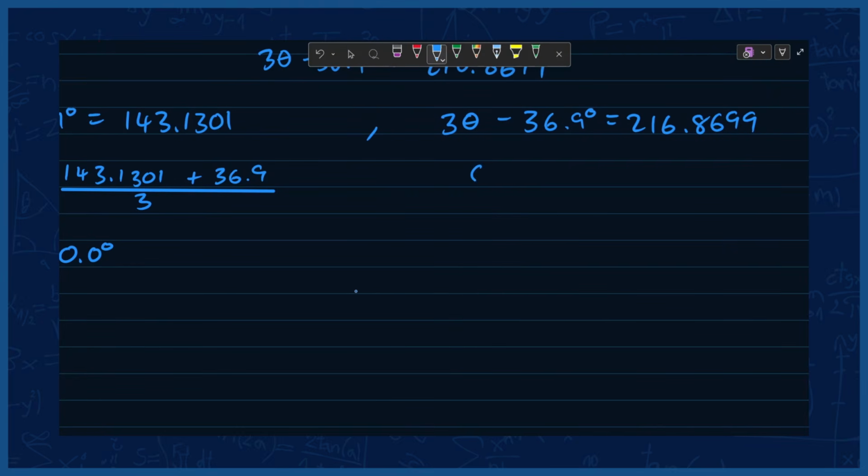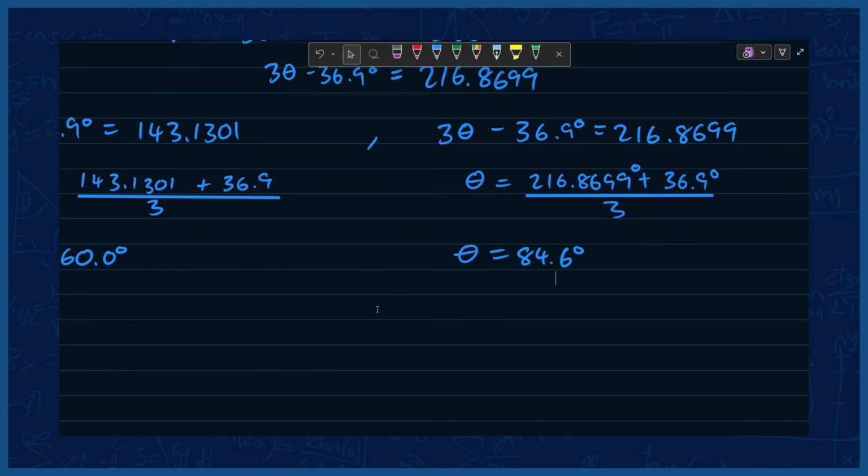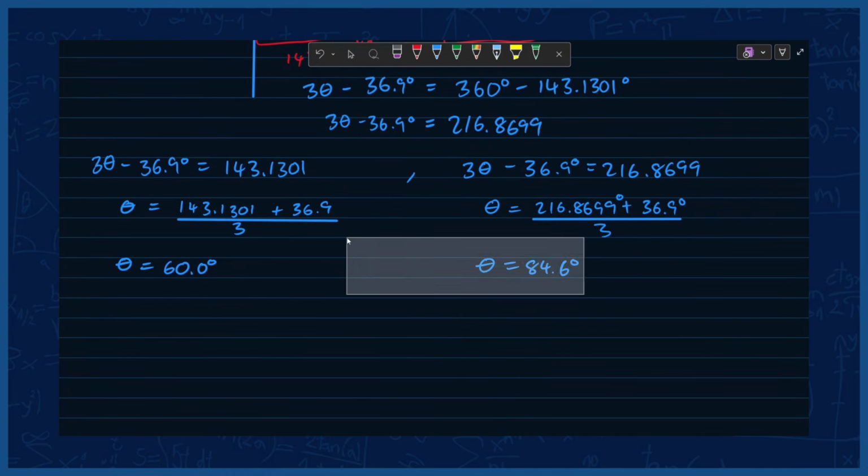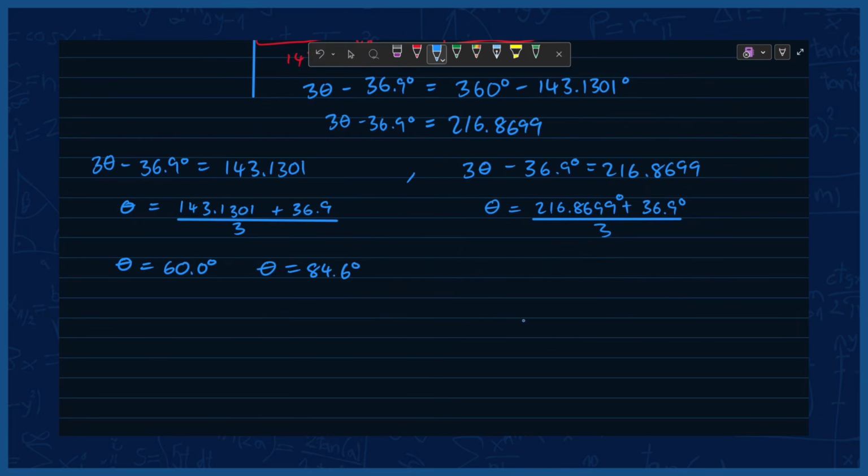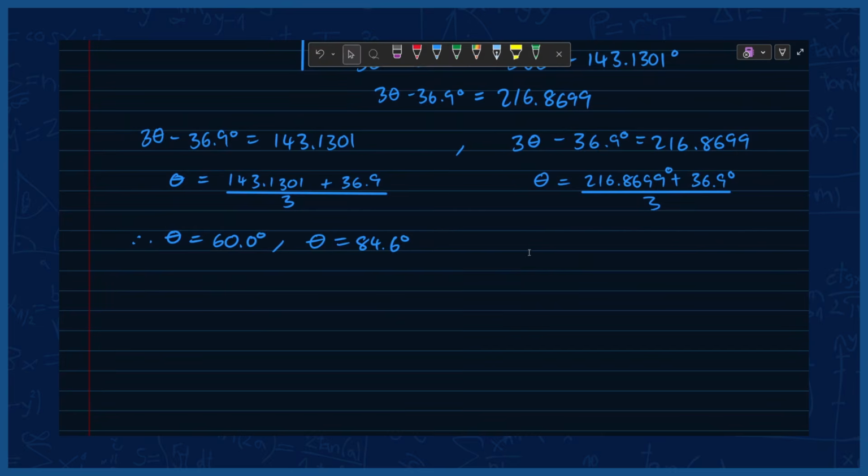If we do the same here, θ becomes 216.8699 plus the 36.9 degrees, divided by 3. You get that θ has to be 84.6 degrees. Those become our two solutions. We can conclude that θ is either 60 degrees or 84.6 degrees.